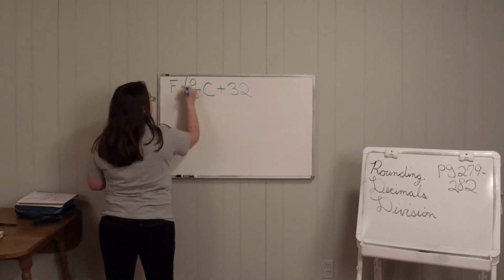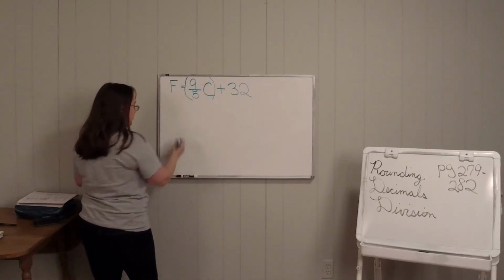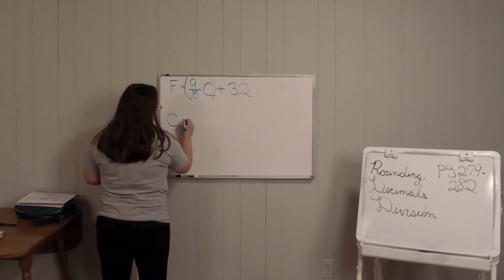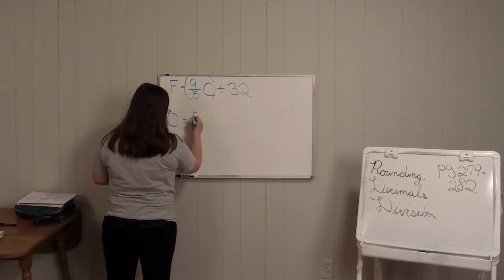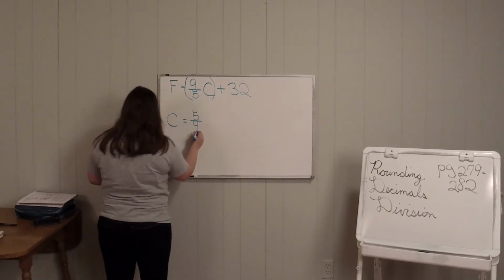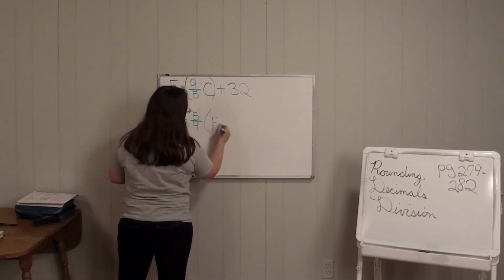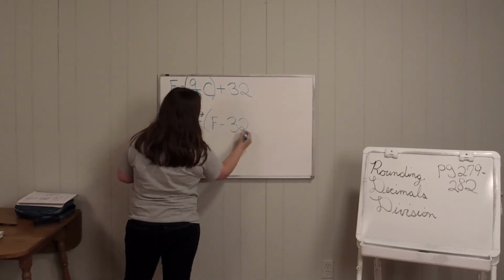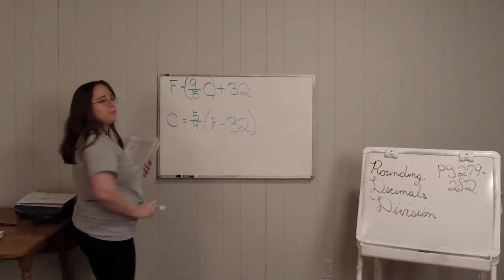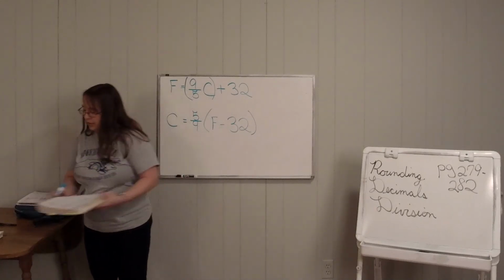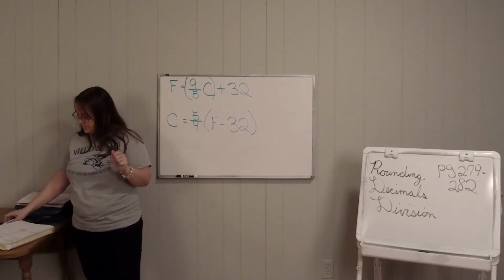You'll do this part first, then add the 32. If you're trying to find the Celsius, it's going to be 5 over 9 times Fahrenheit minus 32. And in this one, you do the subtraction first, then the multiplication. So don't forget your temperature formulas.